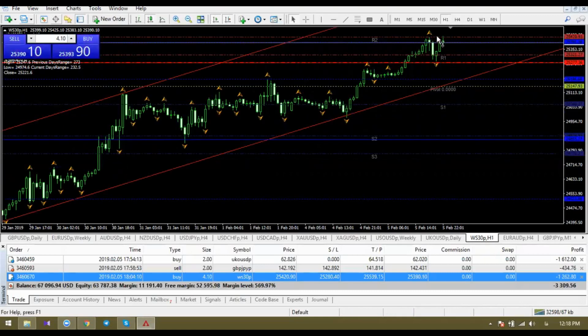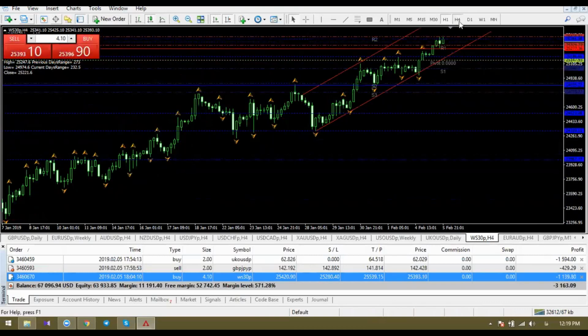Don't put heavy lots. This zone is a pivot zone, and it has passed it a little. Don't go heavy. Dow Jones is really pressed, so if you put your 0.1 to 0.2, it would give you trouble.